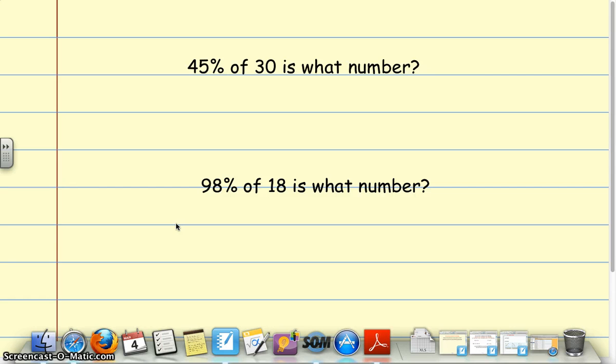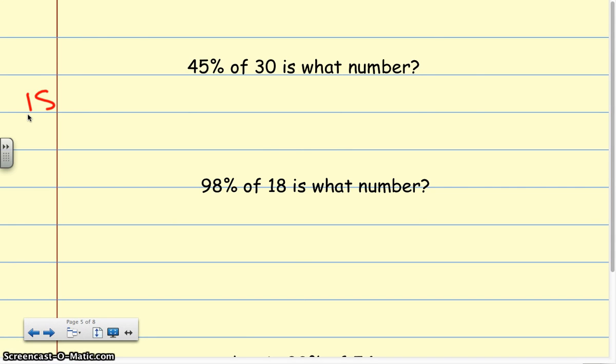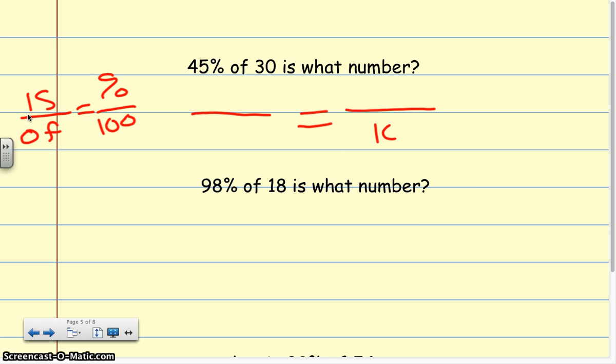Again, this is our generic: is to of, as percent is to 100. That's something you're going to want to know for today's homework. So I draw my skeleton and put the 100 on the bottom because that's always given. Now, I start looking. What's connected to this 45%?